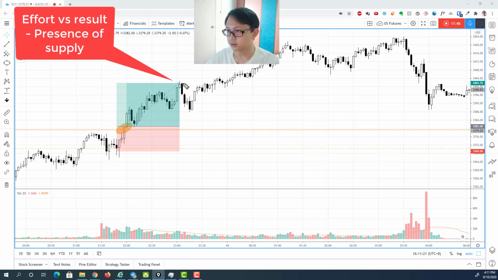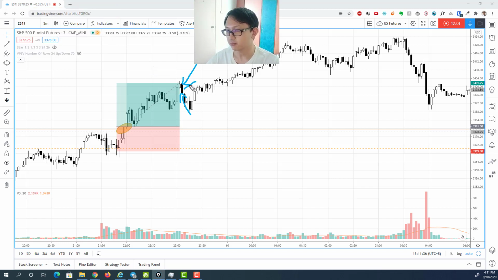So it's the presence of supply, and I didn't really wait for the confirmation, which happened just on the next bar here, which is a bearish bar. They actually confirmed that yes, there is a presence of supply, confirmed by this big bearish bar here.